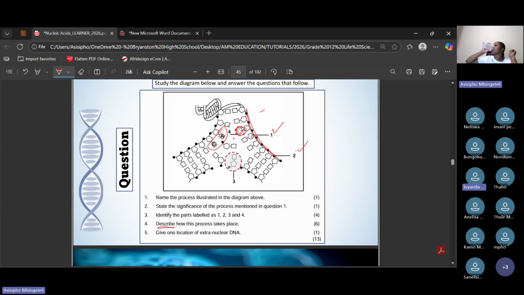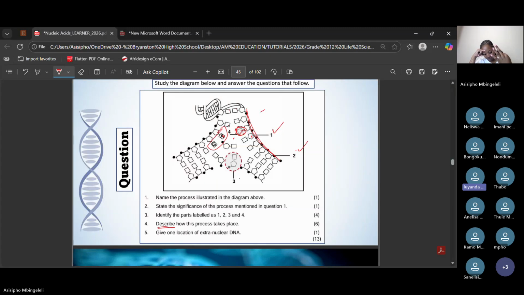First of all, we need to know that the DNA replication is taking place in the nucleus. So the first step is that the DNA double helix unwinds within that nucleus. And then number 2, the weak hydrogen bonds between the 2 strands break, and then they unzip.